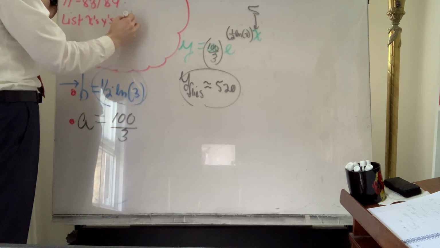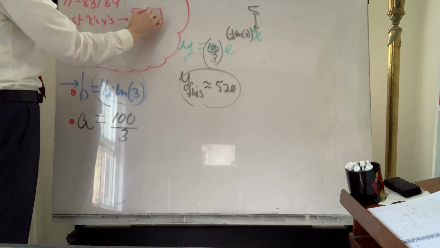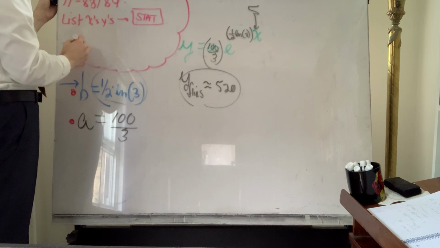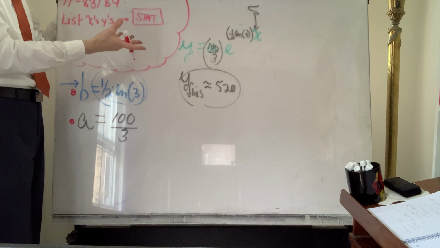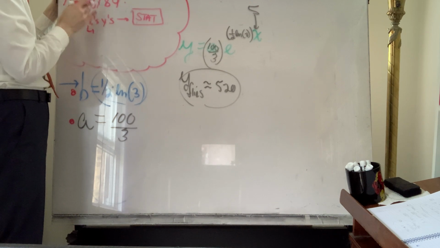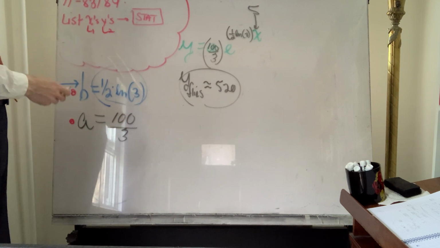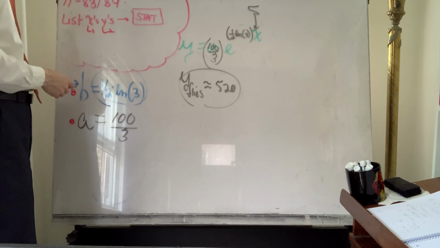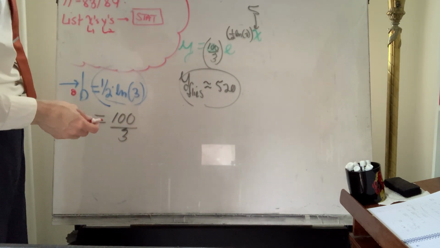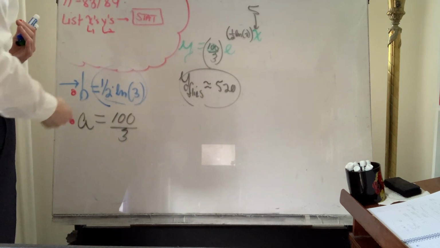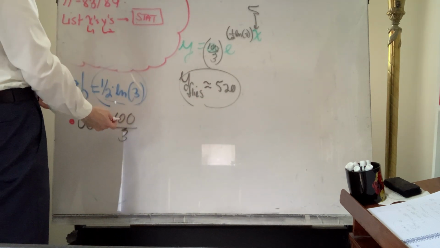All right, by going through the stat button. All right, I would do this. The lists that you see there, you may have to clear them. All right, L1 will be the X's and L2 will be the Y's. All right. Then you're going to go basically identify the type of model that we're following.